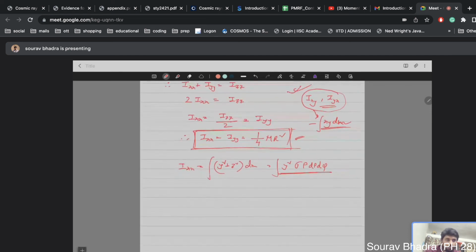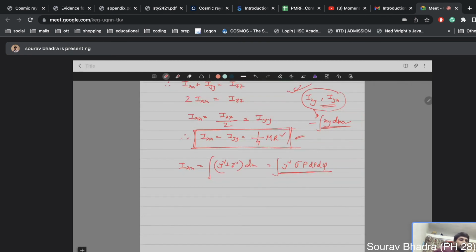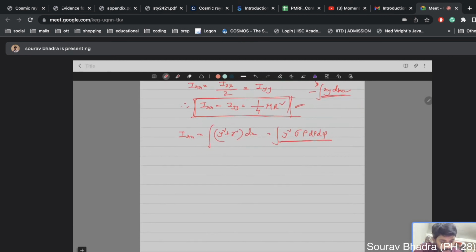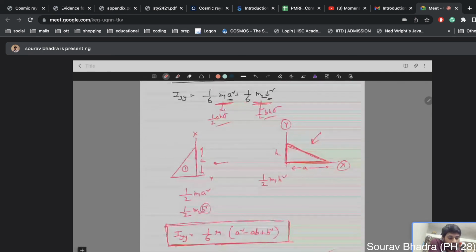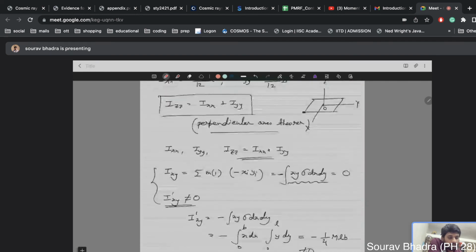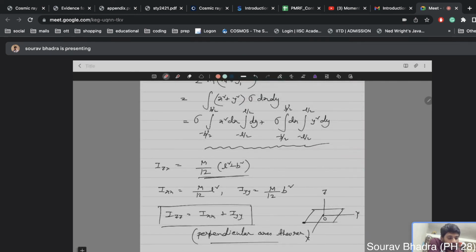Now we will do the same thing for a cylinder. All these bodies which I have talked about till now are symmetrical bodies. You can see that your rod is a 1D symmetrical body, and this one is also a symmetrical body.